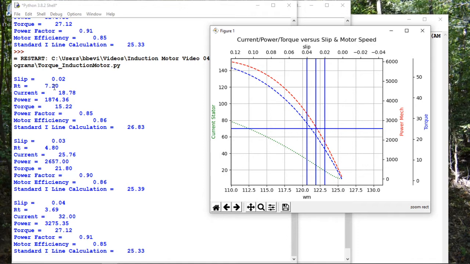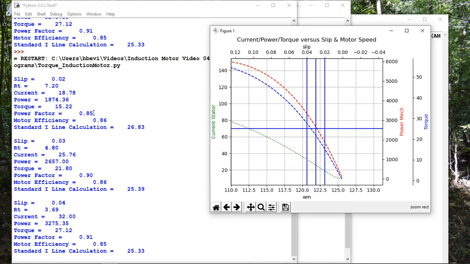The actual current flowing in the stator, in one of the stator wires or phases, would be 18.78 amps. The power, again per phase, would be this. The torque is 15, and this is per phase again, so if you multiply this by 3, 45, that would be the torque produced by the motor.